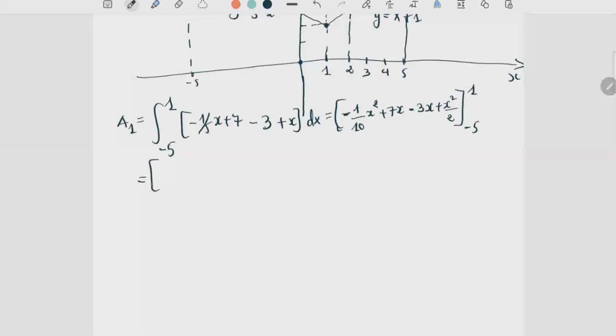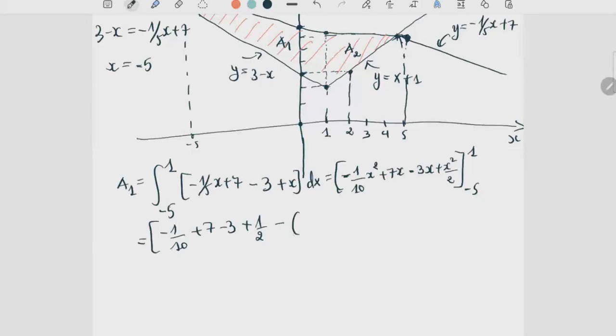And then now minus the bottom part, which is, it would still be negative. It would be negative 5 squared, which is 25. So negative 25 over 10, right? Minus 35 plus 15 plus 25 over 2.